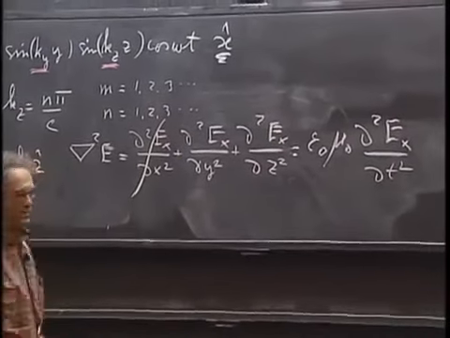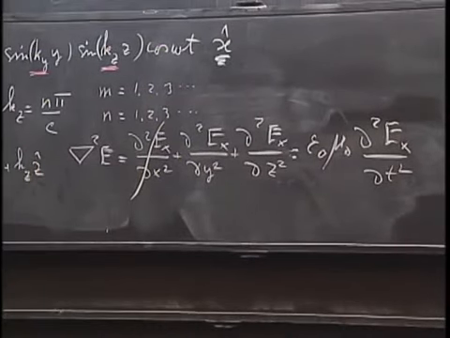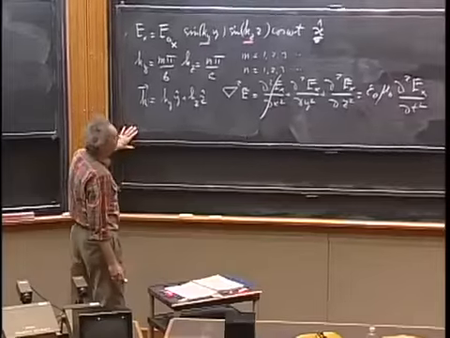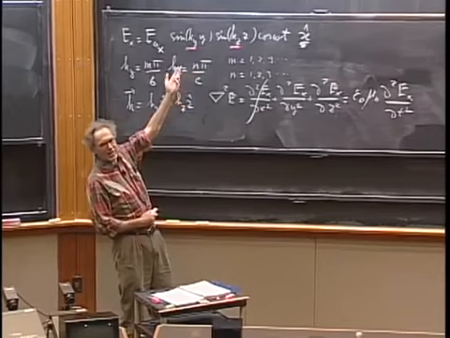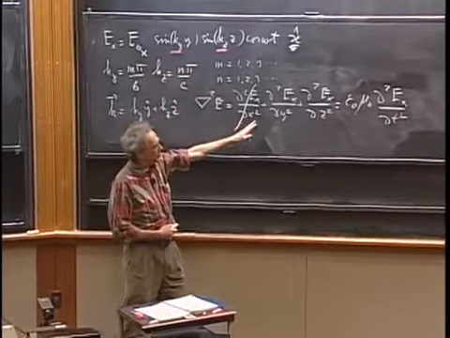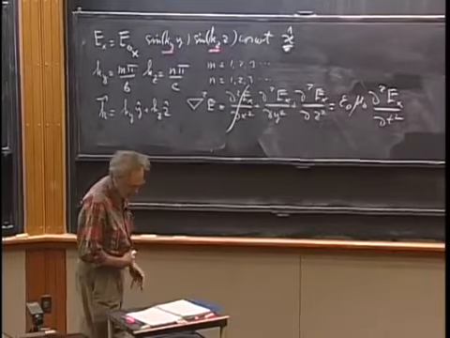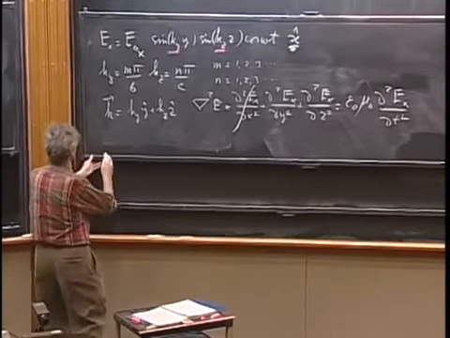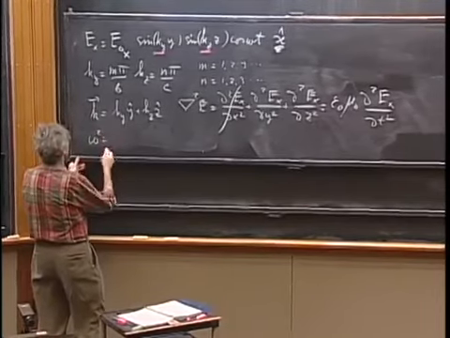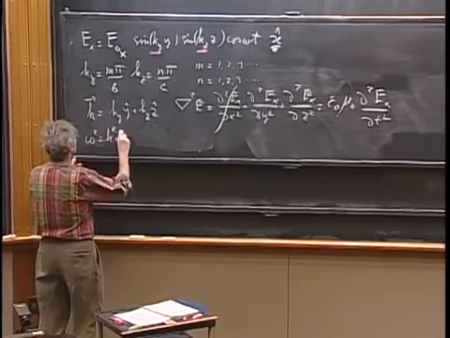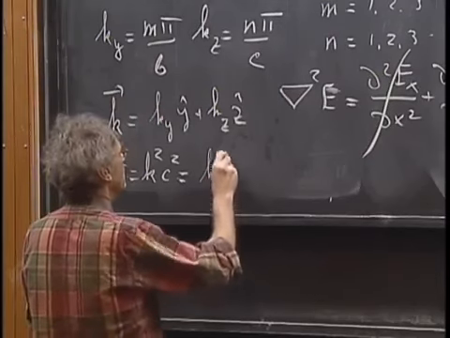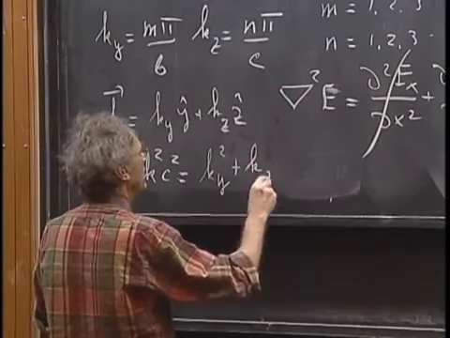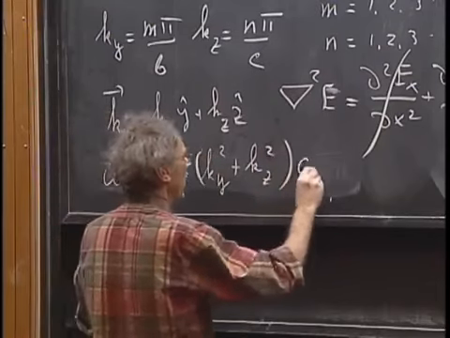And this term is not there for that x component. But the other terms are there. And if I substitute my solution, which I know deep in my belly has to be correct, if I substitute that in this wave equation, then what you find, of course, is no surprise that omega squared equals k squared times c squared. And so that is going to be ky squared plus kz squared times c squared.